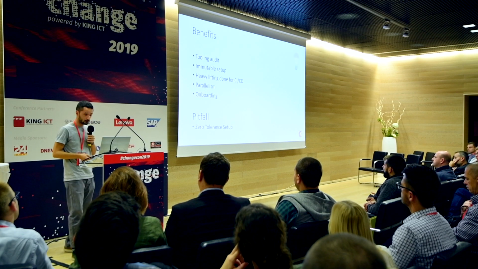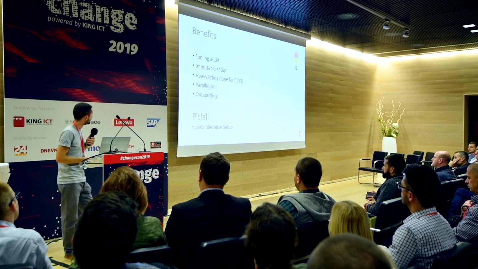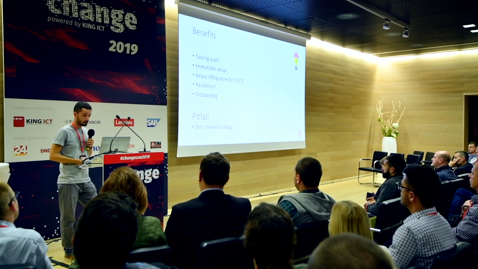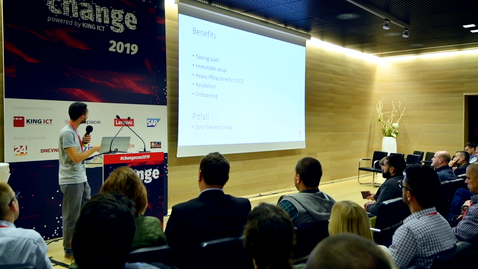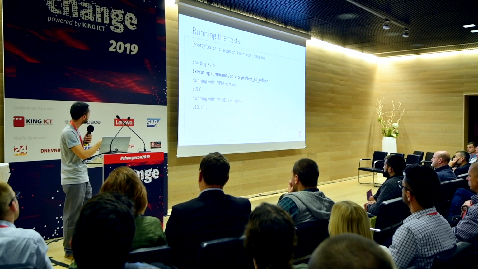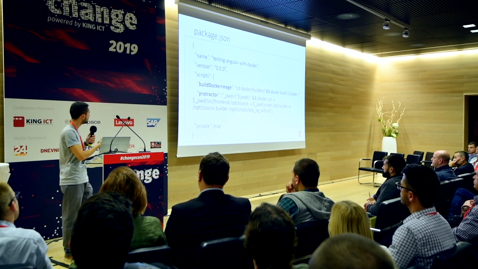Yeah, with this, you can have tooling audit because you keep your software as code. So you have all of this inside of a Git. And when you change something, you know what changed.